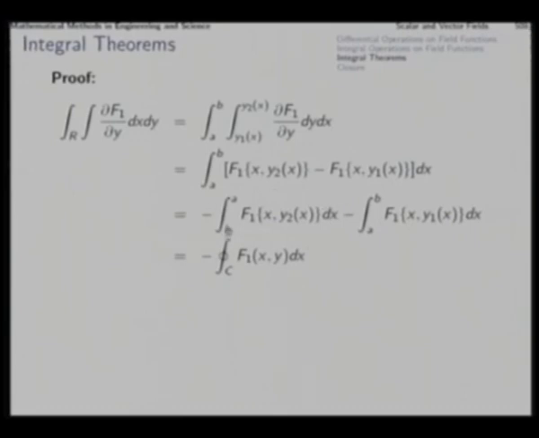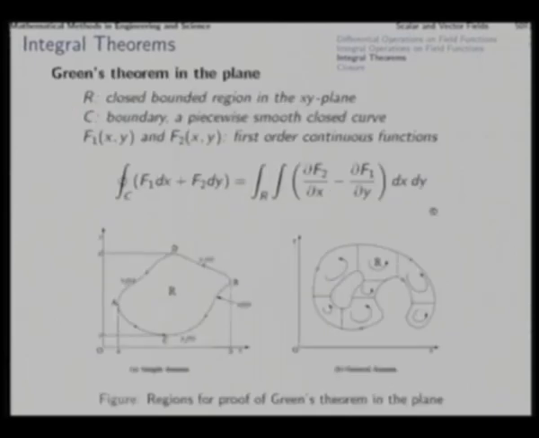So you find that b to a is this integral and a to b is this integral. This is along y2, this is along y1. Okay. So what this is going to mean, from a to b along y1 and then from b to a along y2. So the first part gives you this line integral, the second part gives you this line integral.